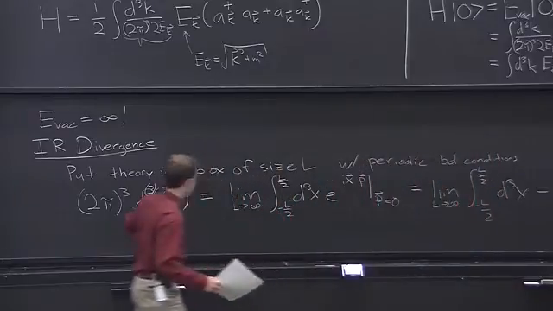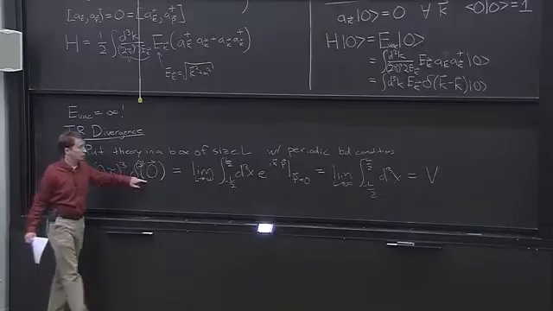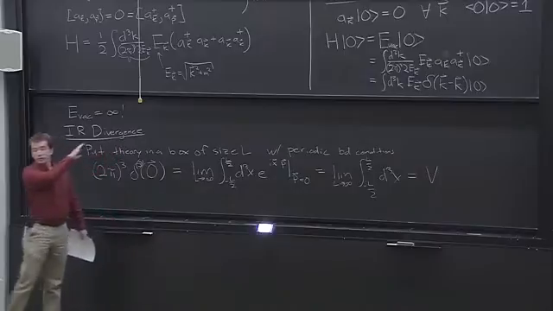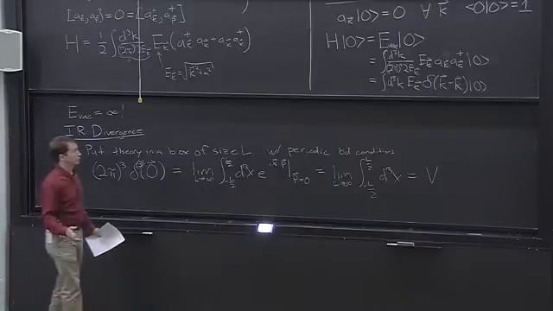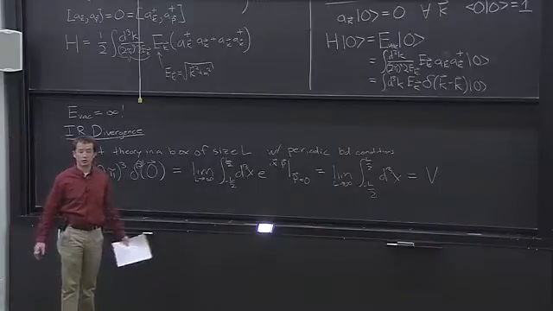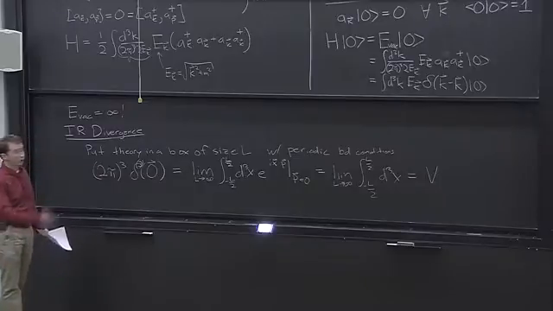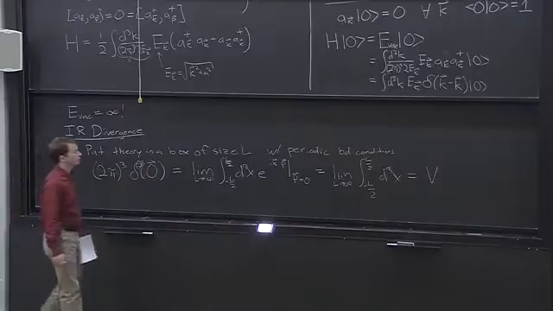So we can think about this delta function divergence as coming from the fact that the question we asked is what is the energy of the vacuum, not the energy density. We asked what's the total energy of the vacuum, and if space is infinite, it's not surprising that we got infinity as our answer. So perhaps a better question to ask is what's the energy density of the vacuum.